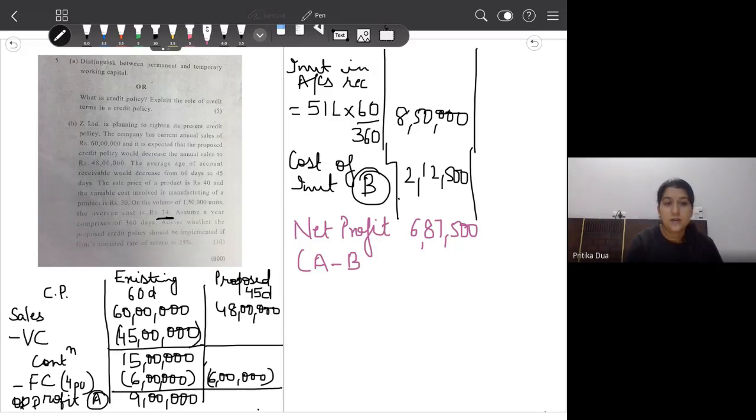To calculate the working under proposed policy, you first need to calculate the number of units sold. Just check how much will be number of units sold.